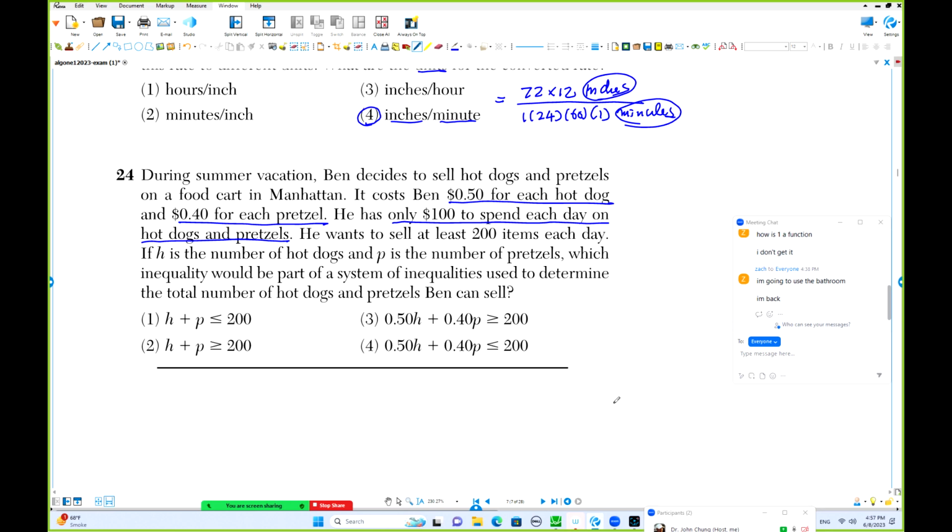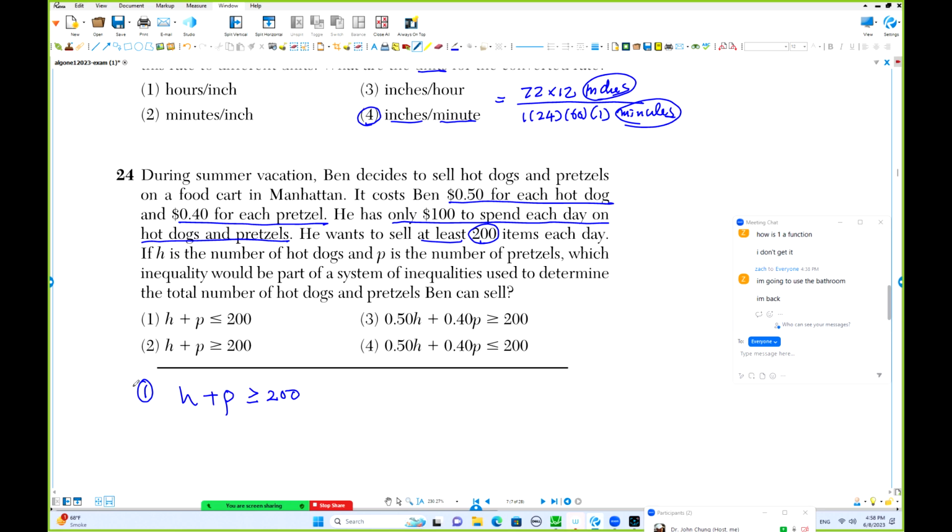He wants to sell at least 200 items altogether. The number of hot dogs and pretzels, at least, is greater than or equal to 200. Minimum is 200. That's the first inequality of the system.